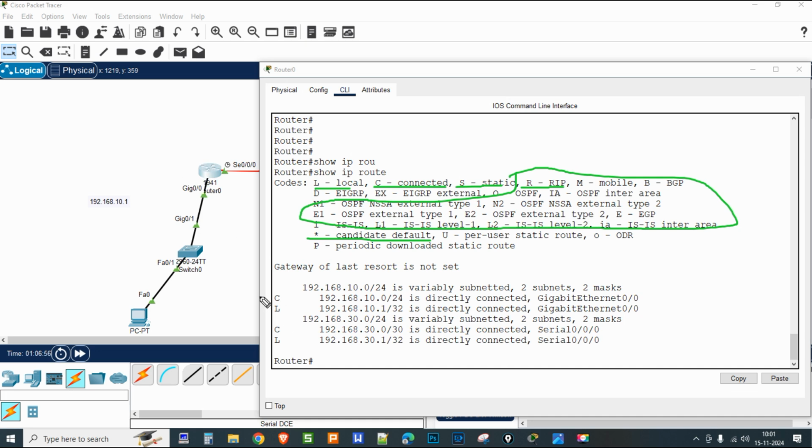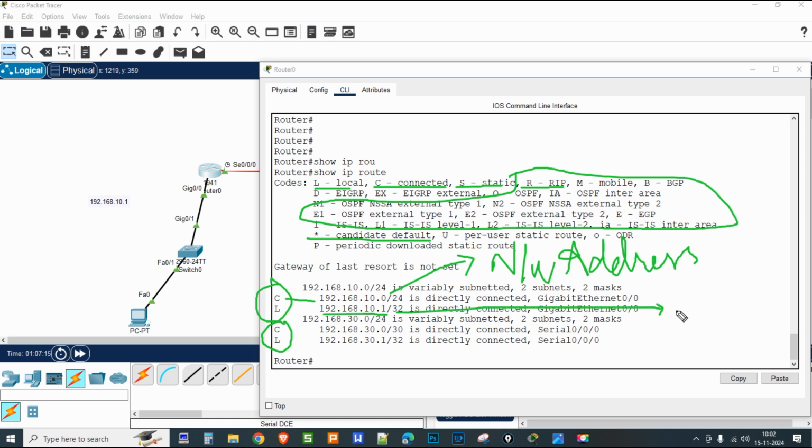So the two networks are directly connected, first one, then second one. C is the directly connected network. It represents the network address. Then L is the interface IP address. Likewise, 30.0 is the network address. Then 30.1 is the interface IP address for which interface? Serial interface. This one is the gigabit Ethernet interface.